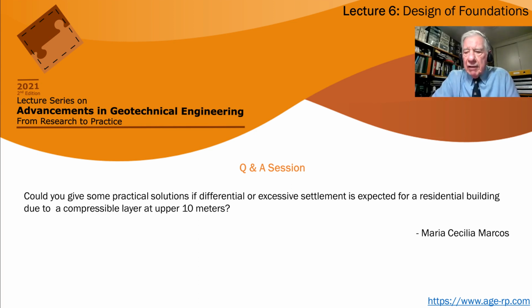Well, if you've got a compressible layer, I would say the easiest thing to do is really to use piers that go through that compressible layer. Again, it depends.